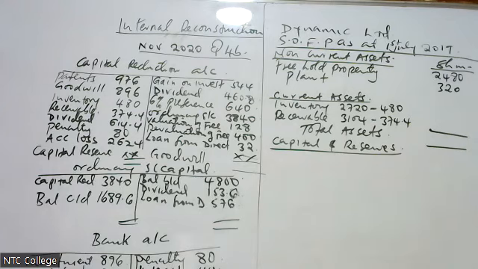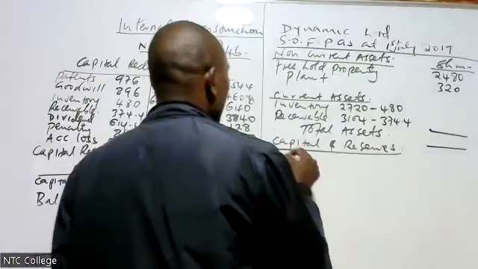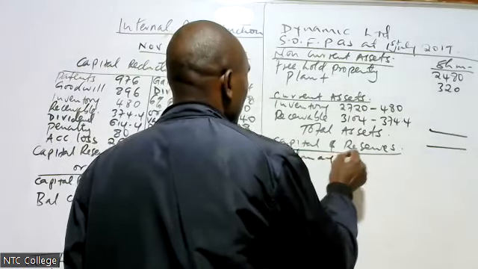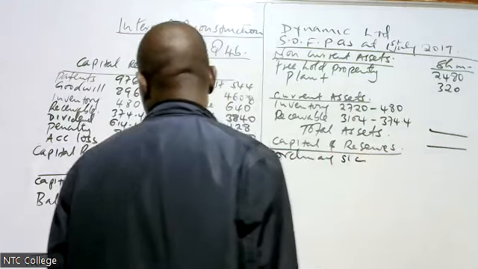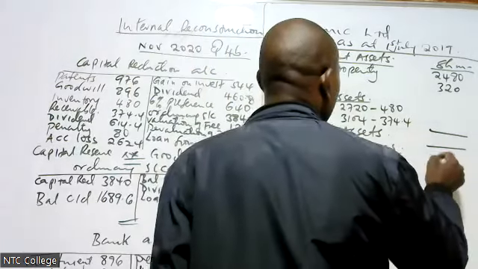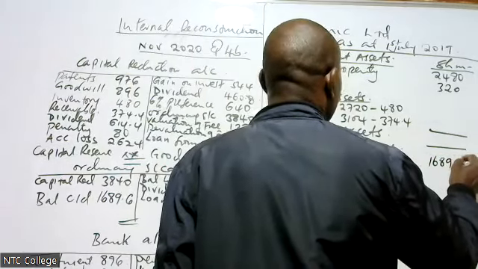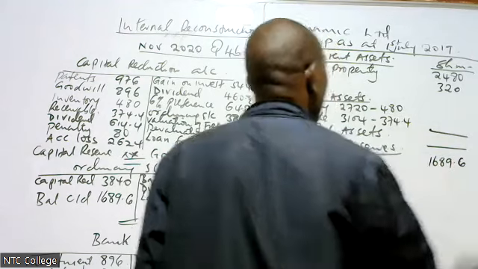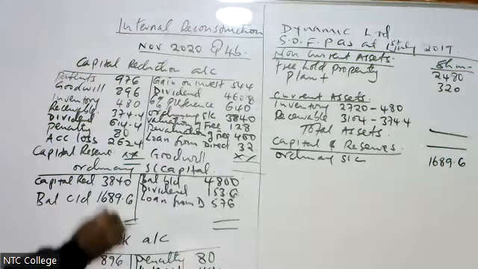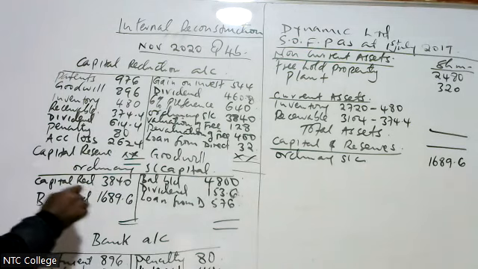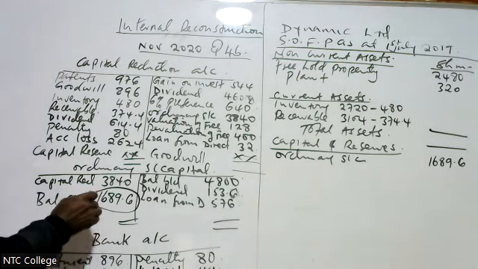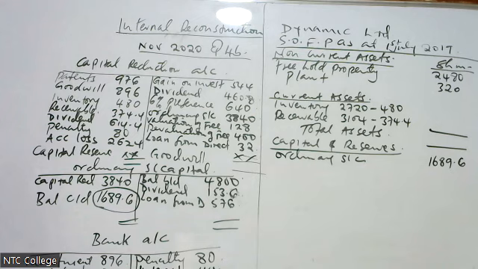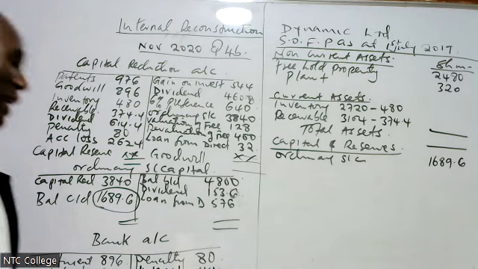Under capital and reserves, we have ordinary share capital, of which we have 1689.6. In my ordinary share capital account, we have the balance carried down of 1689.6.